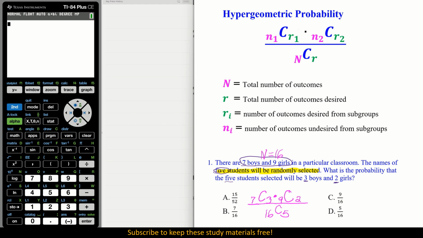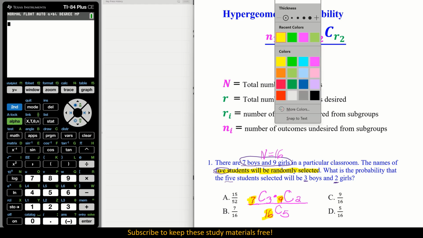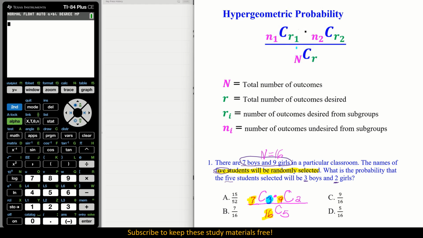Now, the key here is to notice something, let's use our highlighter. 7 plus 9 is 16. Then we know 3 plus 2 is 5. So when you're thinking about these items, this is how you need to focus.